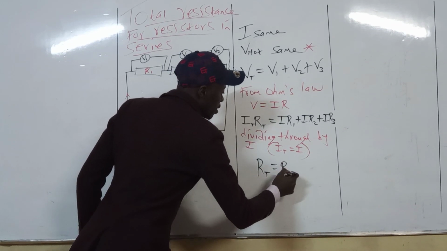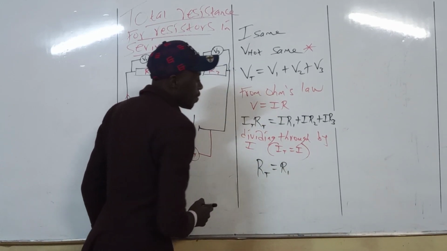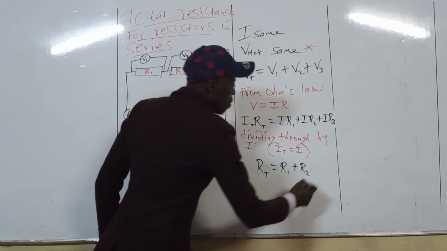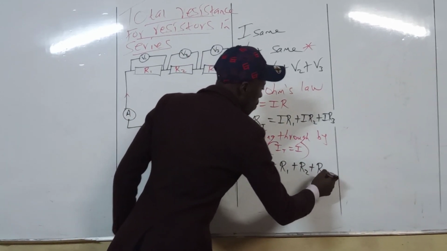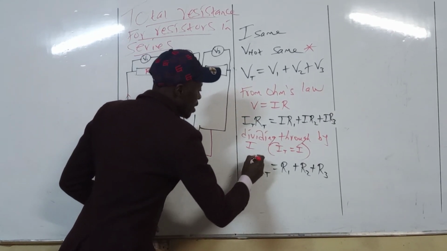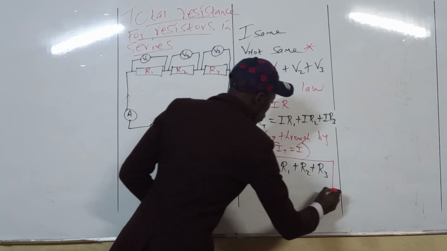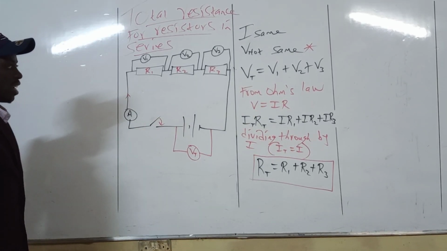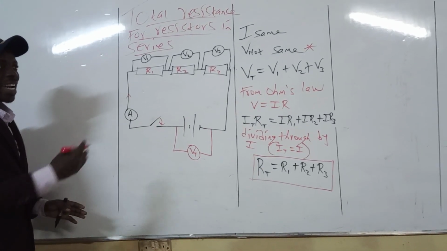So if you divide everywhere by current, what you have here is RT, total resistance, is equal to resistance of resistor 1 plus resistance of resistor 2 plus resistance of resistor 3.